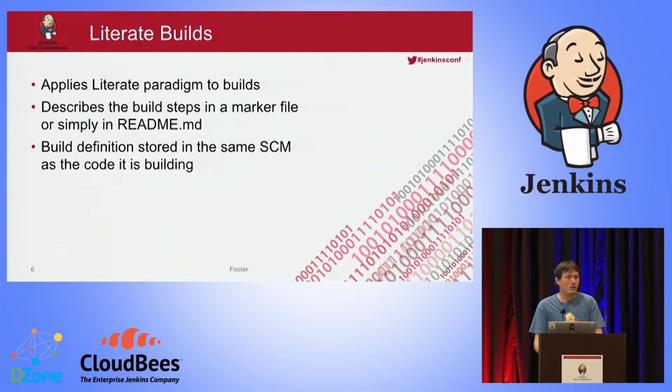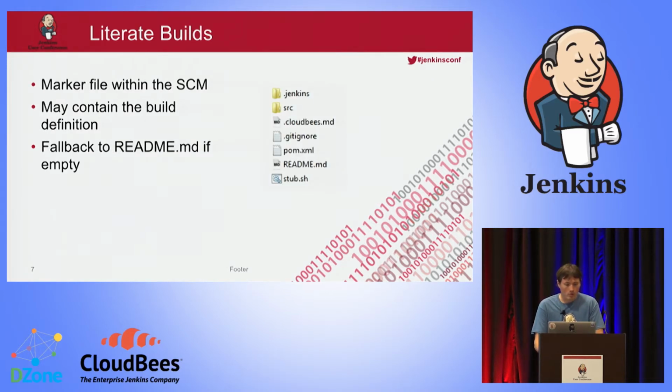So we basically use the SCM to store a file that describes how to build a project. This is an example of what the project looks like. You can see three interesting files in there. First, cloudbees.md, which is the default file that indicates this is a Literate project that uses the Literate plugin to build.